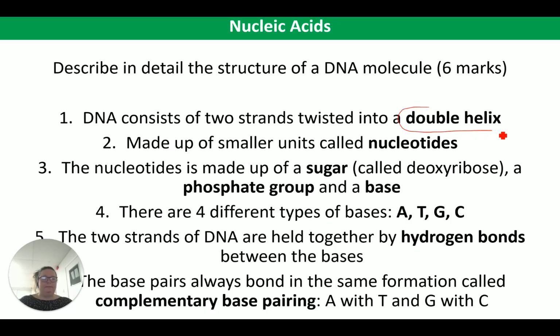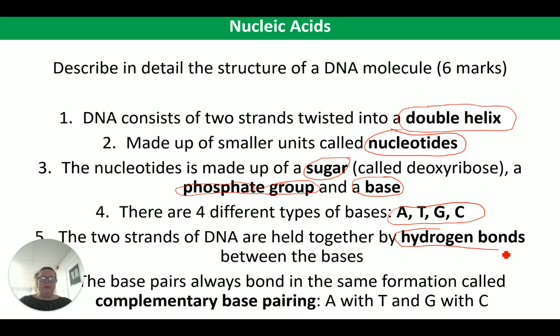Double helix. Congratulations if you got that one. Nucleotides. Well done if you got that one. And if you went into describing nucleotides as well, you could have sugar, phosphate group, base. Okay, because this is the structure of a DNA molecule, remember. 4 bases, A, T, C, and G. 2 strands are held together by hydrogen bonds.